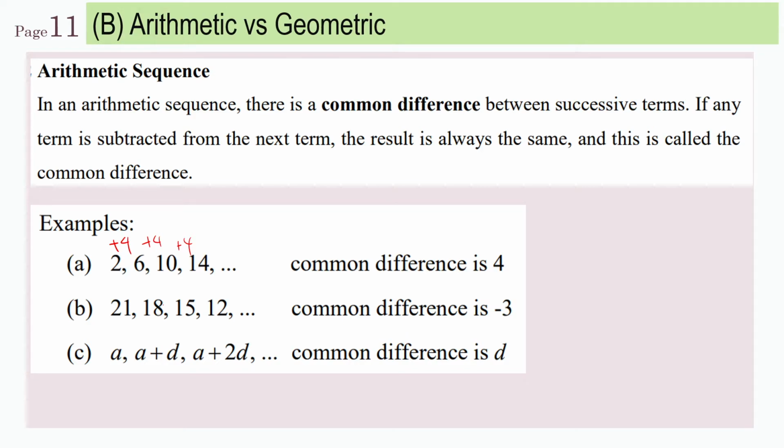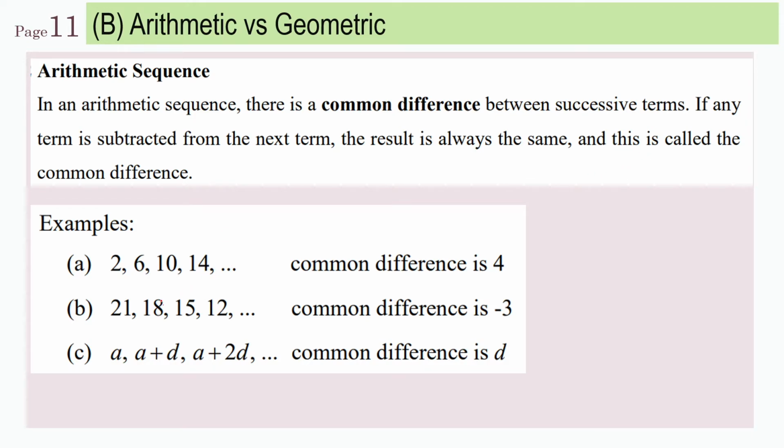Why is it called common difference? Because normally we use the second term minus the first term, we use the 10 minus the 6. So that's why it's called difference. If any term is subtracted from the next term, the result is always the same, and this is called the common difference.